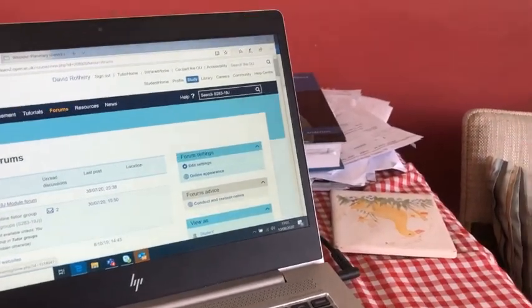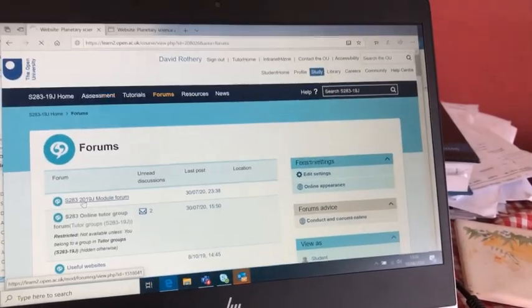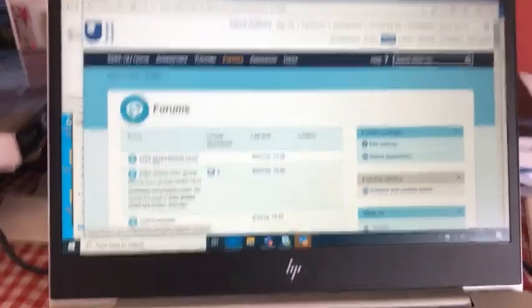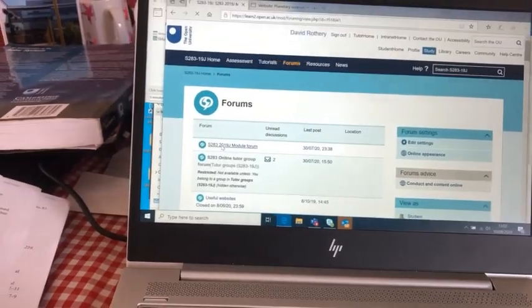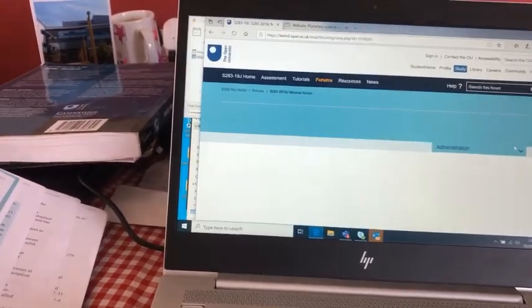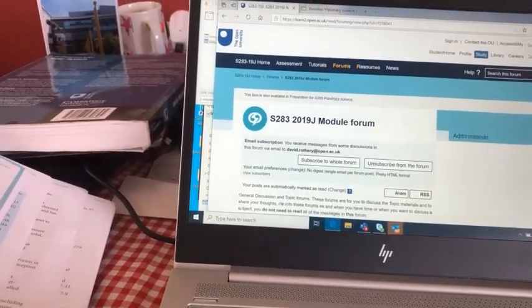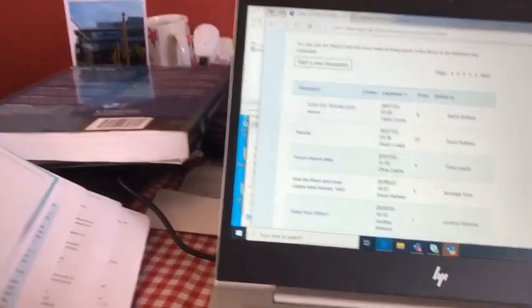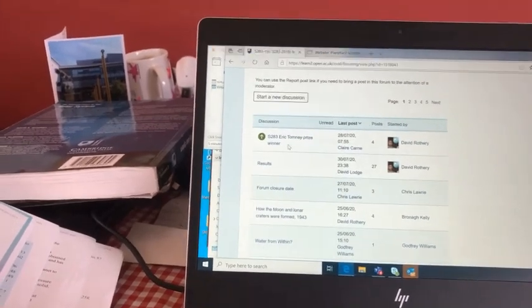Okay, the website has finally responded. So let me just show you the module forum, which of course is going to take ages to open now since it's misbehaving. But take my word for it, module forum, very busy. Okay, it's opening. Okay, there's people talking about the exam results, and we announced the prize winner.